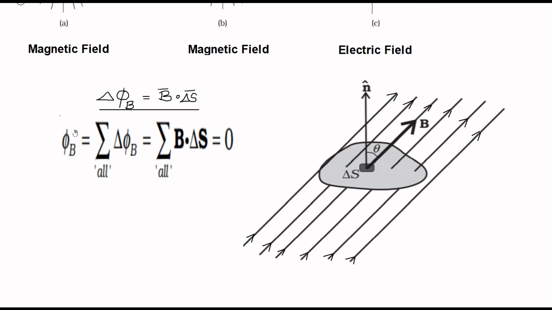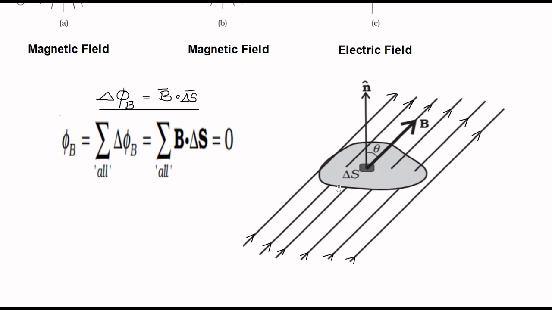That is represented by phi B, which is equal to summation of all delta phi B's. Summation of all the magnetic flux through the elementary segments delta S over the entire surface. Or phi B is equal to summation of B dot delta S.